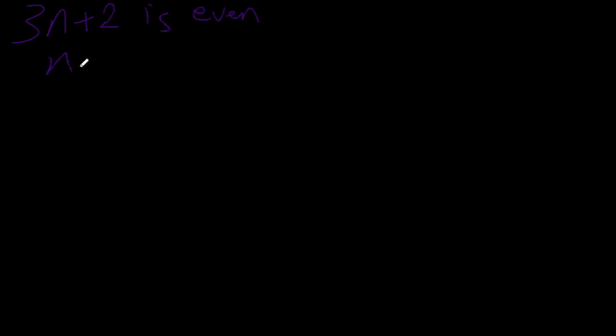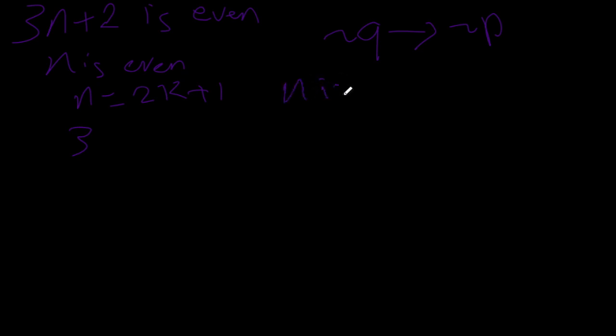Now we want to use the same proof, but in contraposition. In this case we will have the negation of q, and we want to imply that with the negation of p. So we start by saying n is odd in this case, so not p leads us to not q.